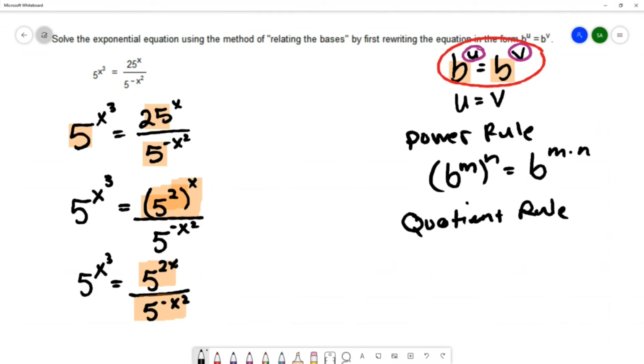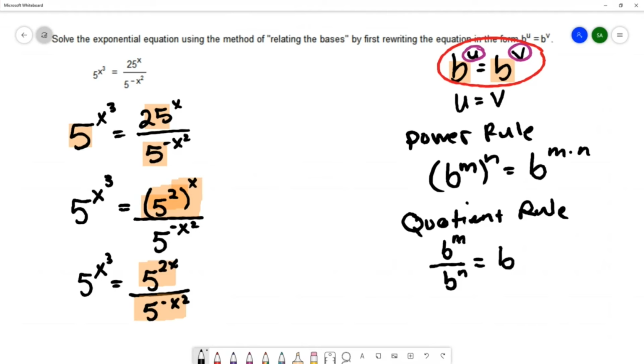With the quotient rule, if we have a fraction, that's why we call it the quotient rule, and we have the same base in the numerator and the denominator, let's say b to the m over b to the n, we subtract the exponents.